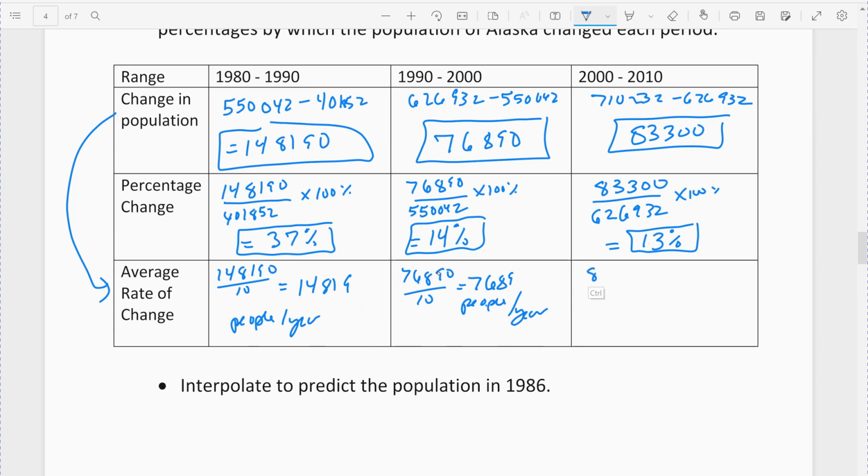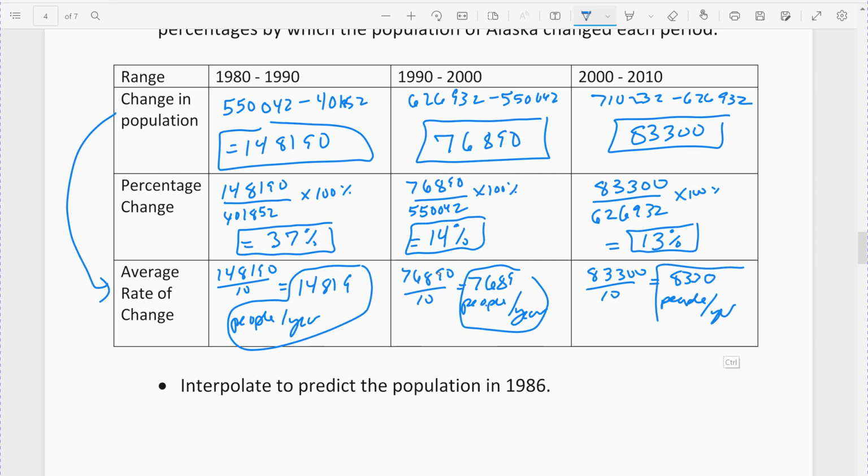And then the last one, the 83300 divided by 10, comes out to 8330 people per year. All right, so there's change in population, percent change in the population, and average rate of change in the population between each year. We did it between each data set.